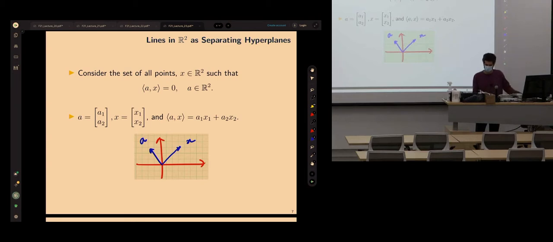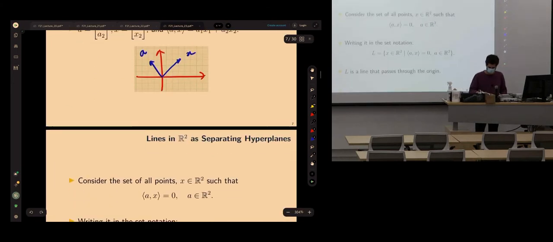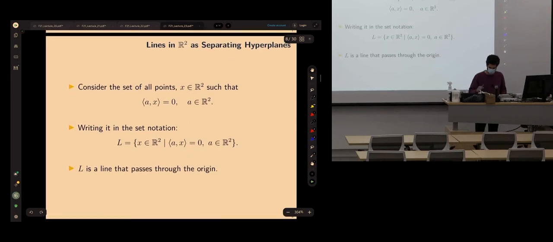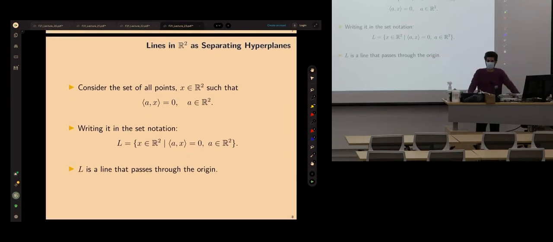Then all the points that satisfy this inner product, A transpose X equals 0, form a line that is orthogonal to this vector A. And it will go through the origin, because if X is 0, we will get 0. So that defined a line for us, and we could write it in regressor form. But this had the advantage that we could also define vertical lines using this set.